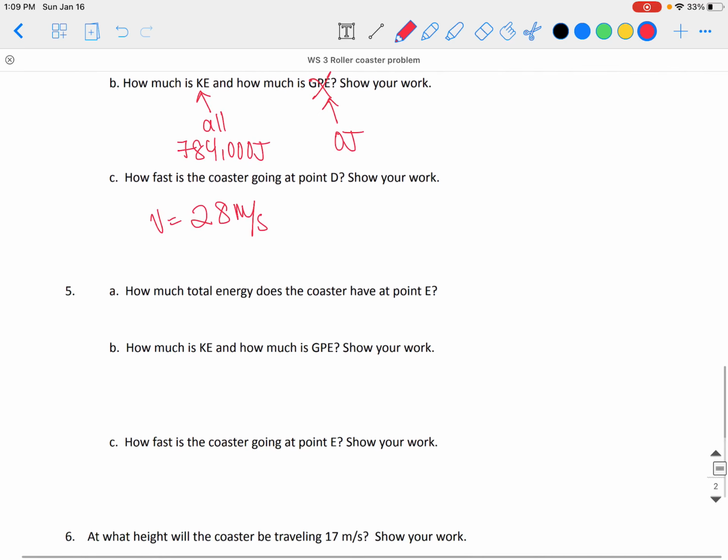Now we've got total energy at point E. Point E is all gravitational.